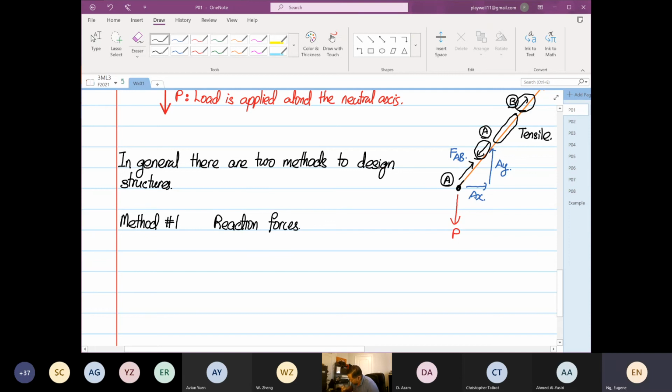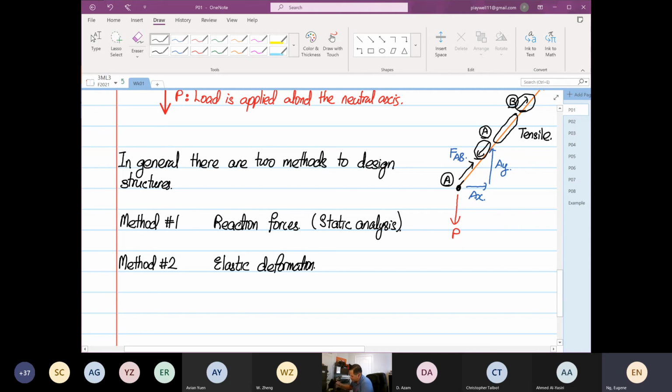Okay, and method number two, okay, you include elastic deformation. Okay, so in most of the cases you can use method number one, reaction forces. Okay, so reaction forces, I will call this static analysis. Then we'll talk about what we mean by static analysis.